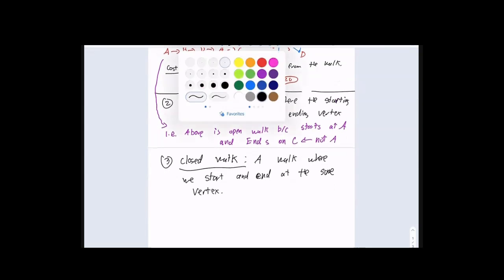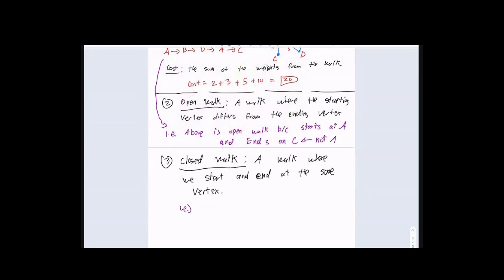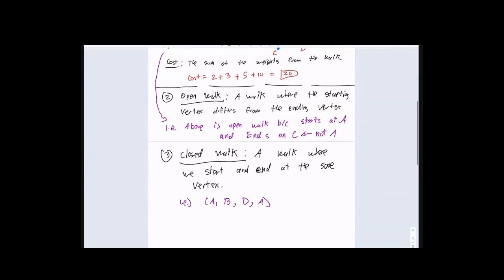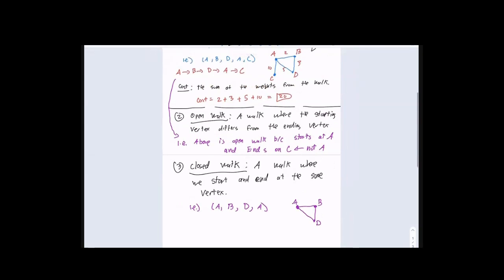For example, A to B to D and then A. If I start at A, go to B, come down to D, and end back at A, that would be a closed walk because I end where I started.